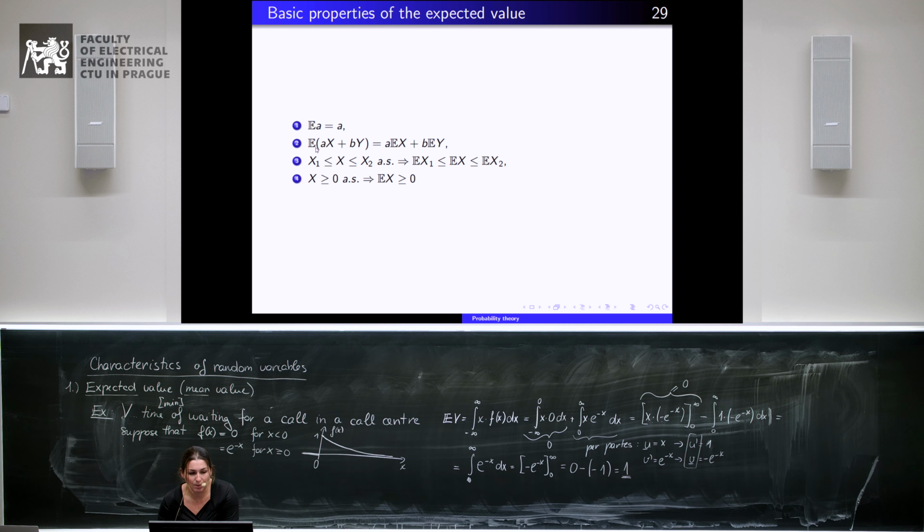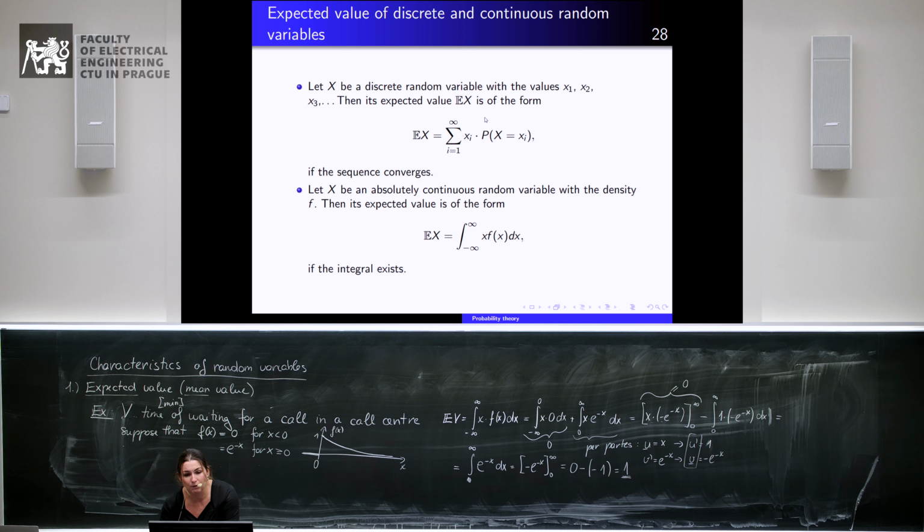When we have the expected value of a sum of random variables, and these random variables are multiplied by some constants, then it can be calculated as the first constant times the expected value of the first random number plus b times the expected value of the second number, which makes sense because the expected value is defined as the sum or the integral respectively.